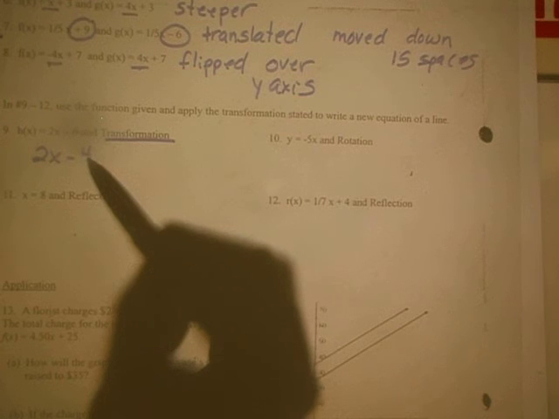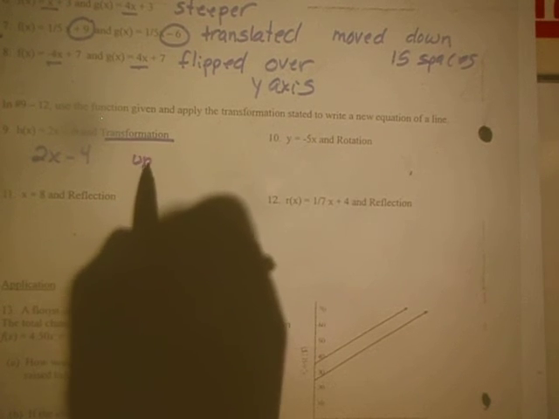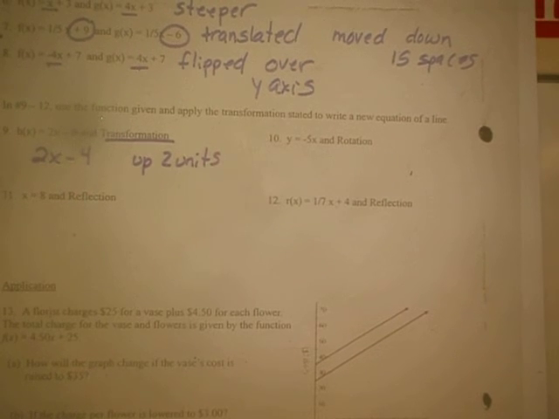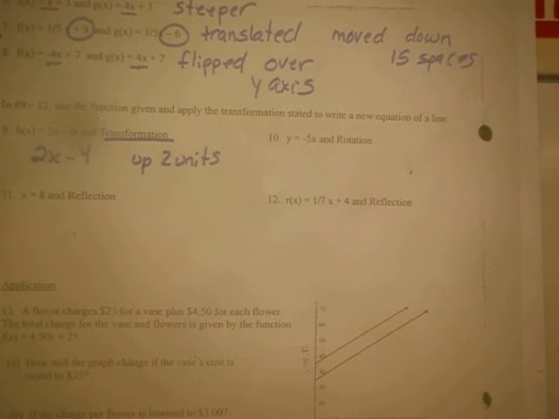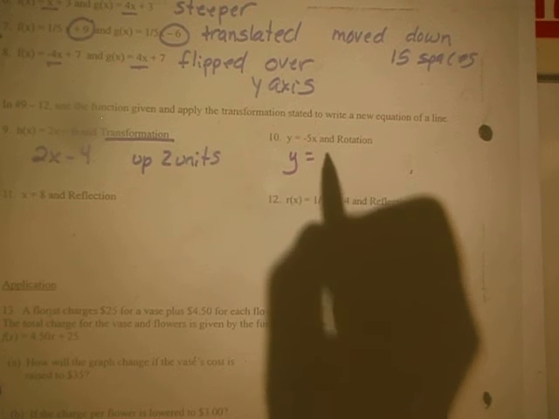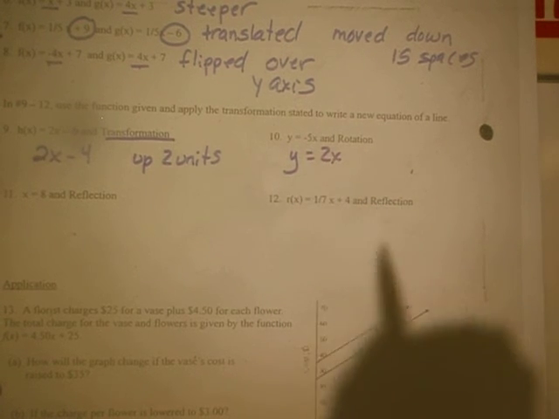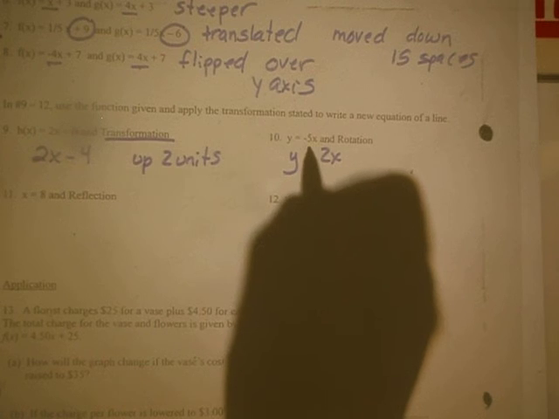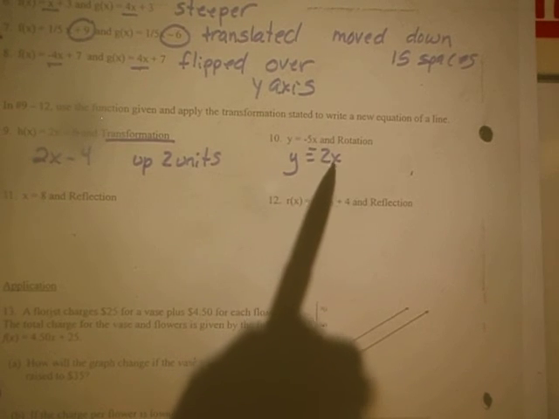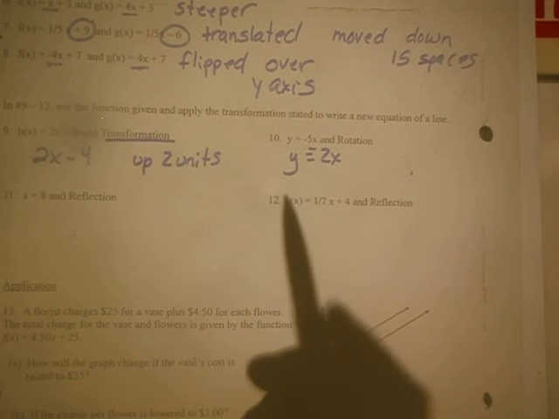From a minus 6 to a minus 4, we move that up 2 units. Number 10, we wanted to rotate this. We started with y equals negative 5x. So I'm going to change this to y equals 2x. Actually, let's call it a negative 2x. So from the negative 5 to the negative 2, that was rotated.